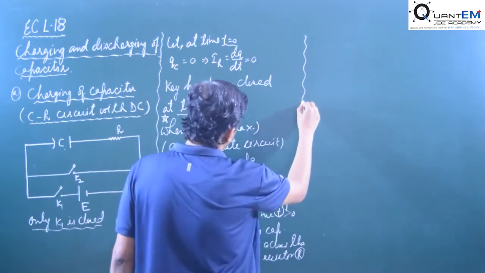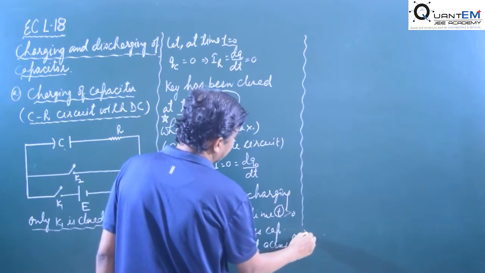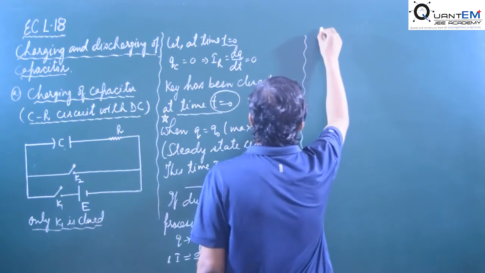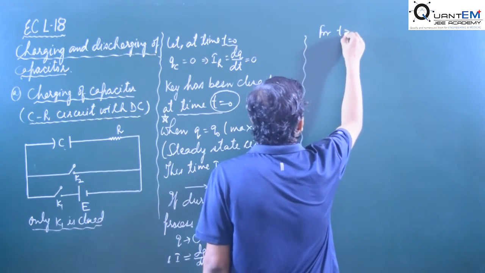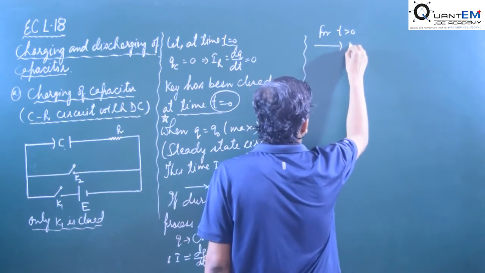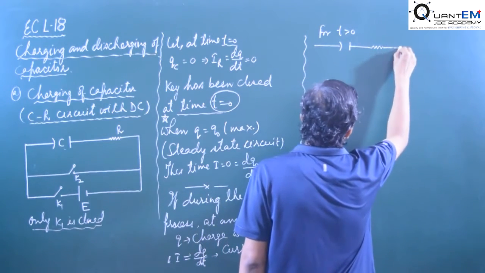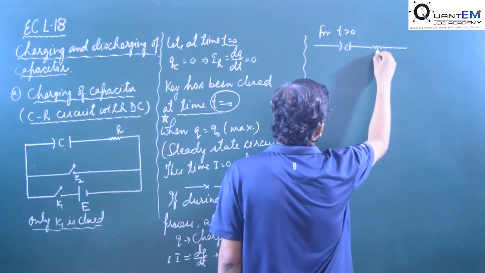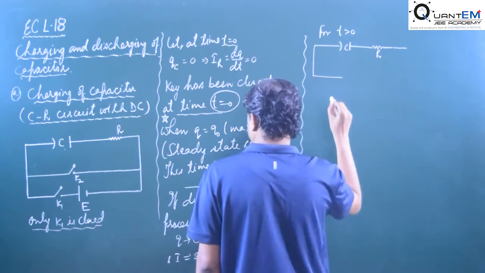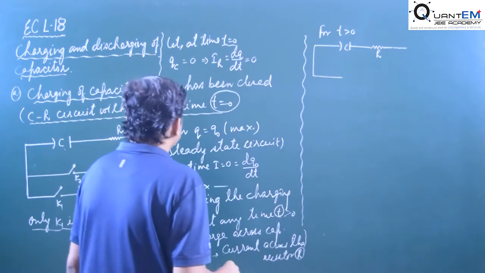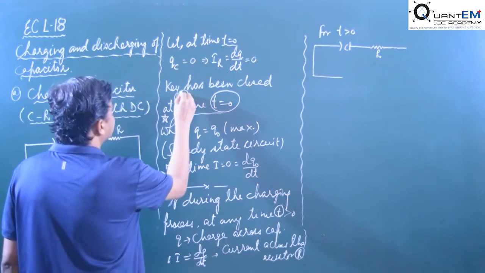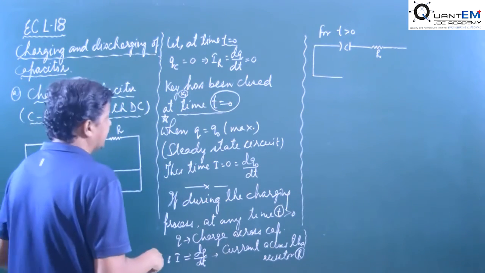At time t greater than 0, the key has been closed. For t greater than 0, this one is the circuit. This time only key K1 is closed and K2 is open.